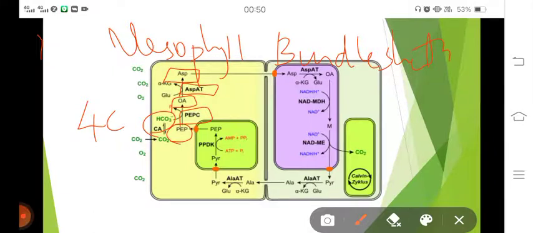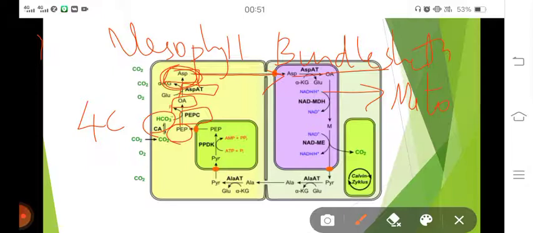This aspartic acid will now enter directly into the mitochondria of the bundle sheath cells. This aspartic acid again gets converted into oxaloacetic acid by the same aminotransferase reaction. Here it is forming the amino acid aspartic acid because oxaloacetic acid cannot directly pass from the mesophyll cell into the bundle sheath cell. That is why the oxaloacetic acid gets converted into aspartic acid and then moves into the mitochondria, and later it again gets converted back into oxaloacetic acid.